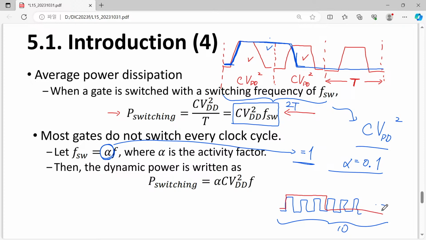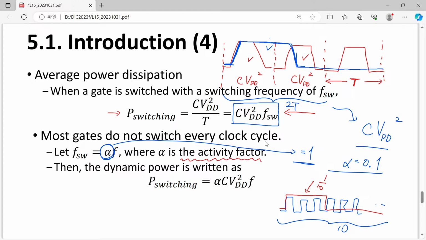Then in this case, its power consumption is just 10 times smaller than this blue clock signal. That is well described by this alpha, which is called the activity factor.